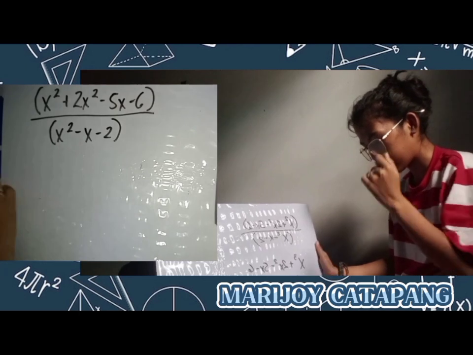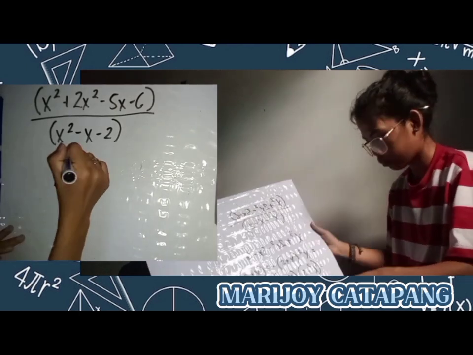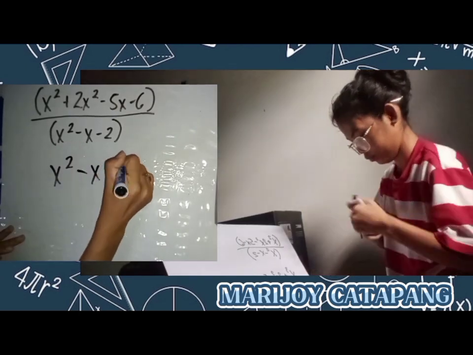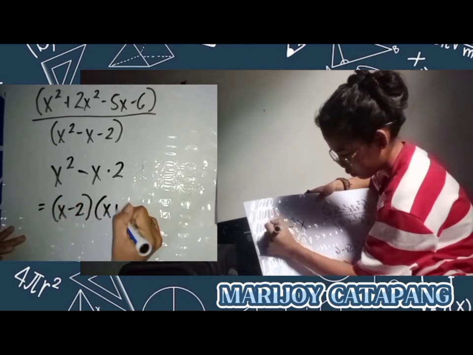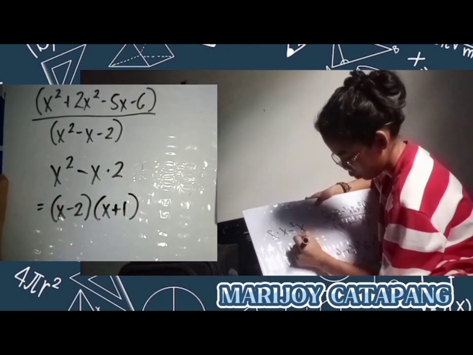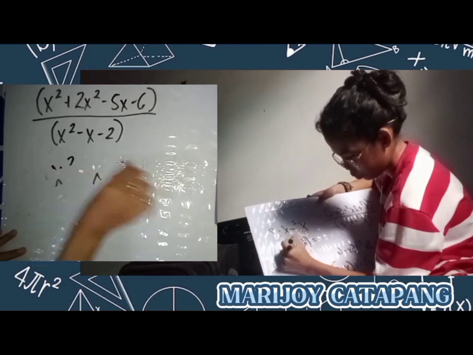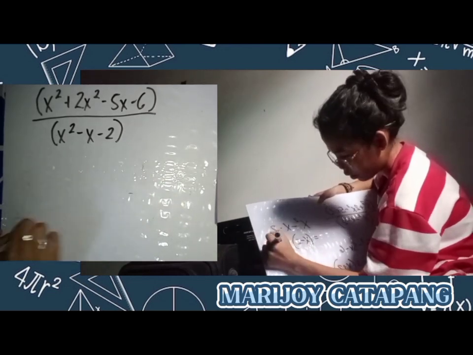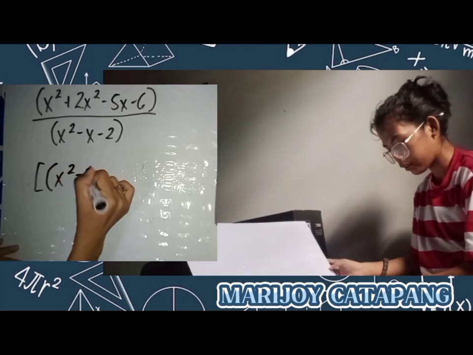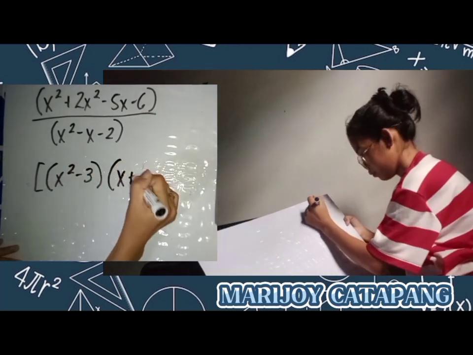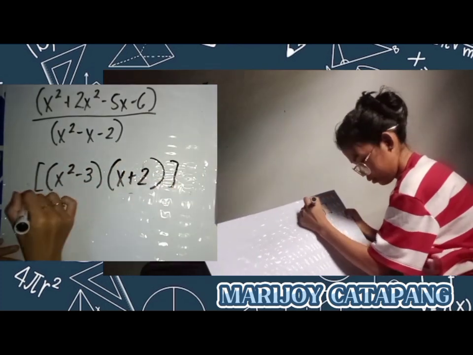Step 2. Factor the denominator. This is a simple quadratic that can be factored by finding two numbers that multiply to negative 2 and add to negative 1. x squared minus x minus 2 is equal to (x minus 2) times (x plus 1). Step 3. Simplify the rational expression.